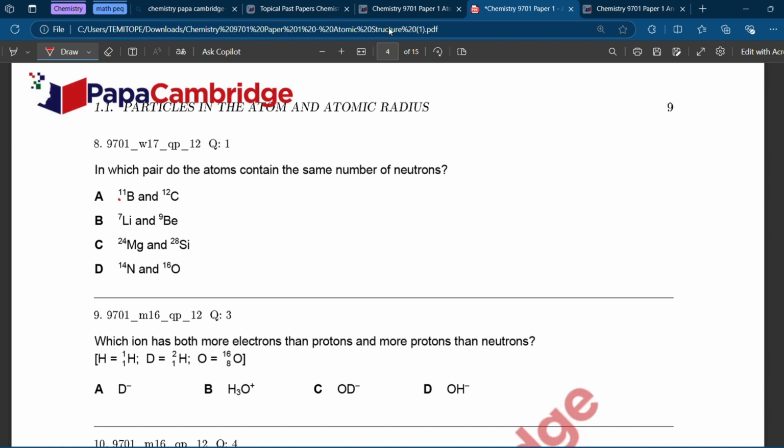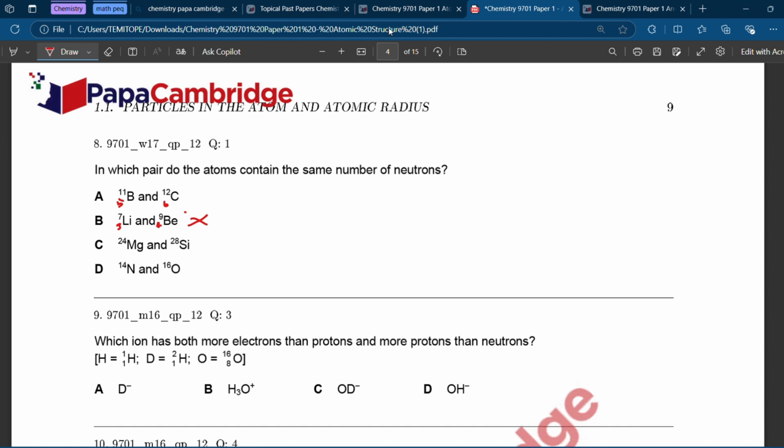Which pair contains the same number of neutrons? Okay, good. So you need your periodic table for this particular question. You go to your periodic table and check for boron and carbon.